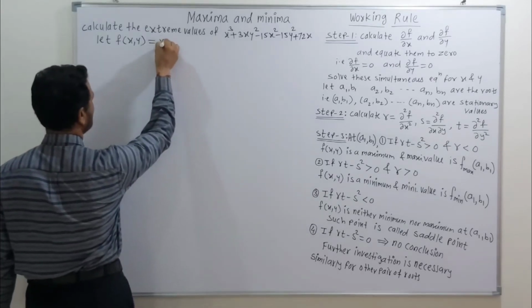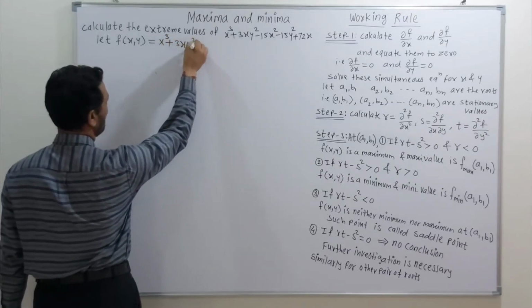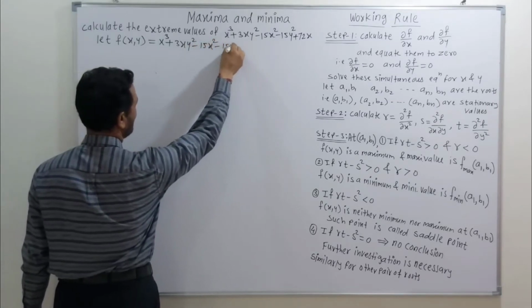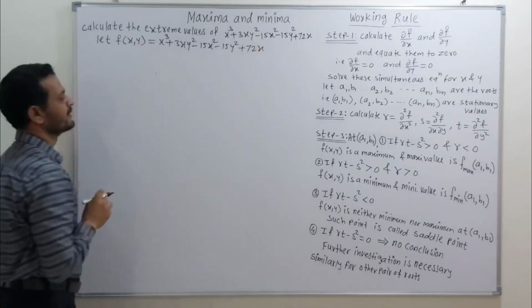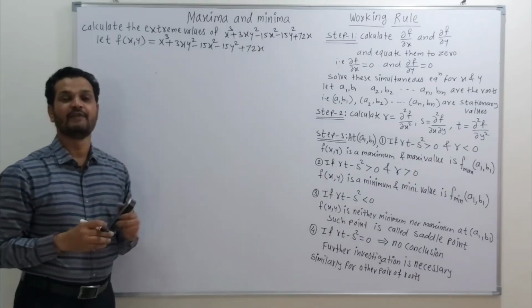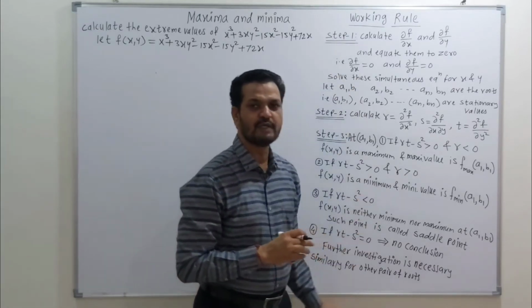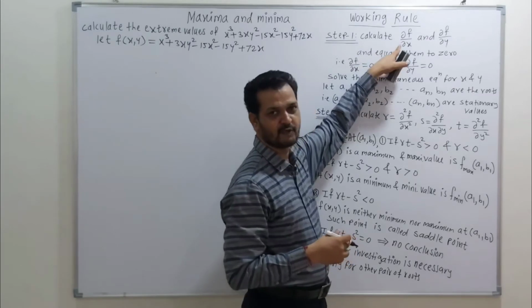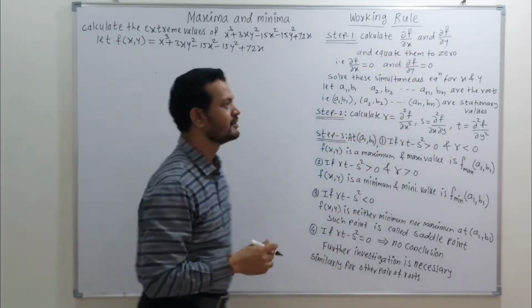So this function is x cube plus 3xy square minus 15x square minus 15y square plus 72x. Now after denoting the given function by f of xy, our working rule says that the very first step is to calculate the partial derivative of f with respect to x and the partial derivative of f with respect to y and equate them to 0.